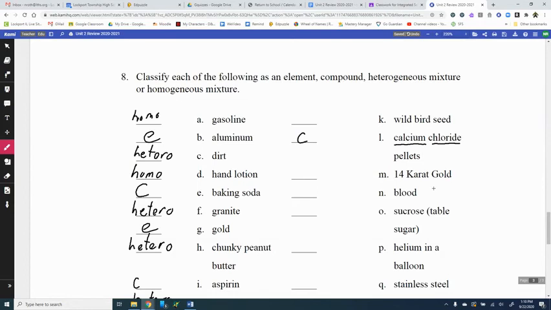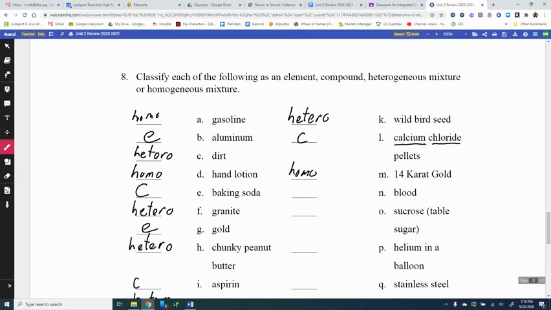Wild bird seed, so that is definitely a heterogeneous mixture because you can see the different parts. We already talked about calcium fluoride as a compound. Okay, so 14 karat gold. If you were not aware, 14 karat gold is not pure gold. It is a mixture of gold, silver, and some other things depending on the place you get it from. But since you can't see those different parts, that is going to be a homogeneous mixture.